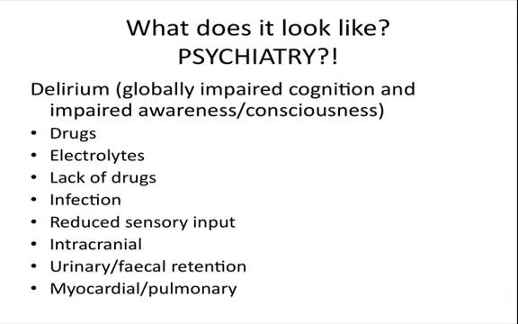If you're starved of sleep and you're in the dark, you often think you see things, and that represents an element of delirium. That's just because you don't have sufficient sensory input for your brain to decide what's going on. Then you have intracranial causes, things such as urinary or fecal retention, and finally heart attacks, or sometimes even just common pneumonia.